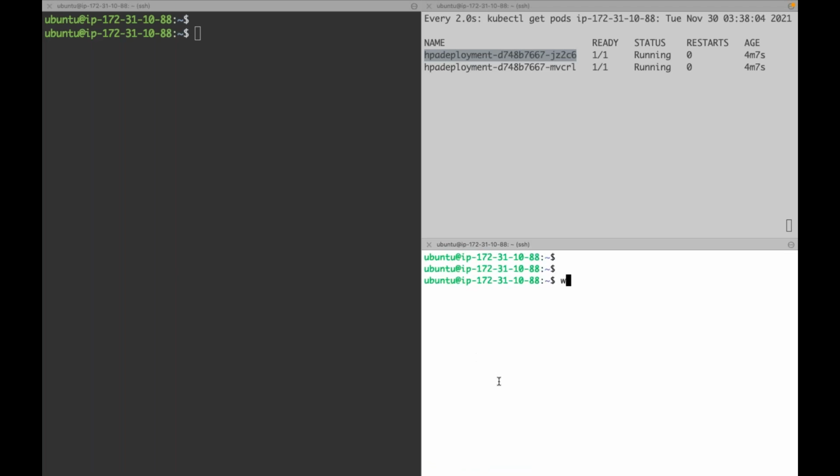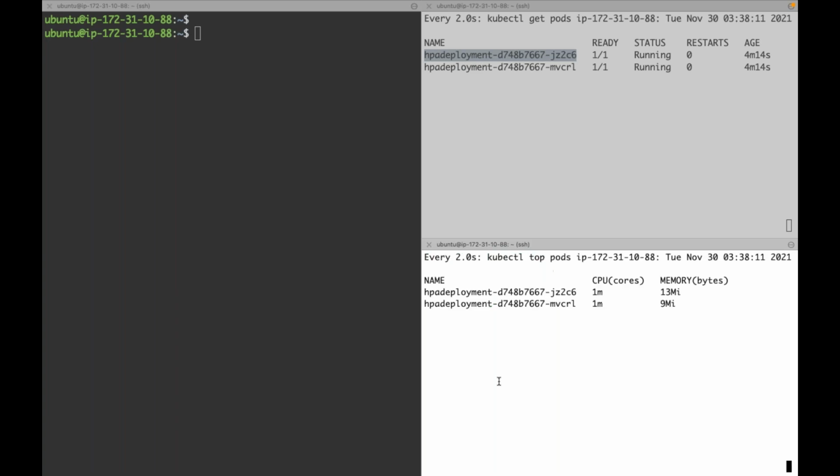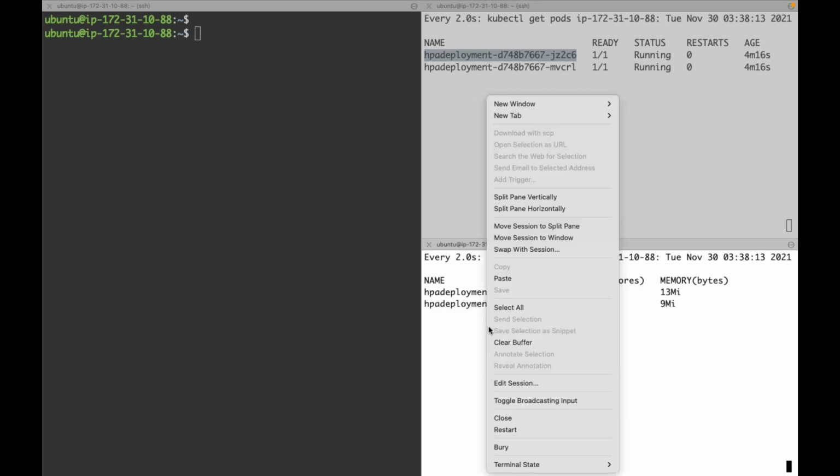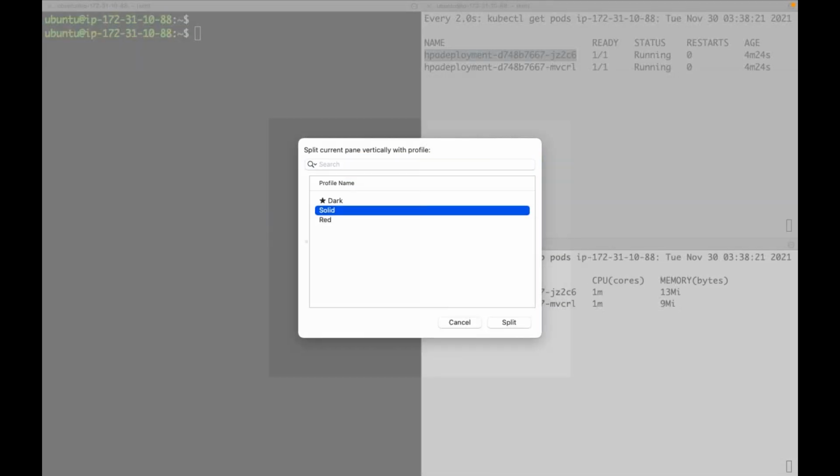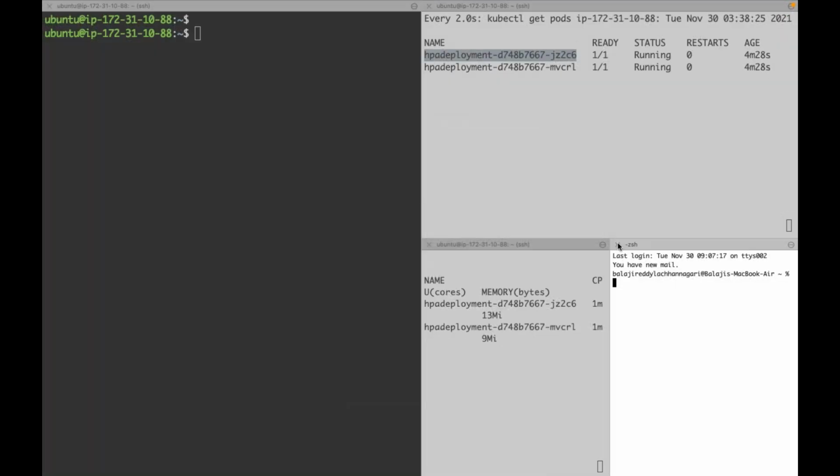Here also, let me watch kubectl top pods. Similarly, let me split one more screen there.